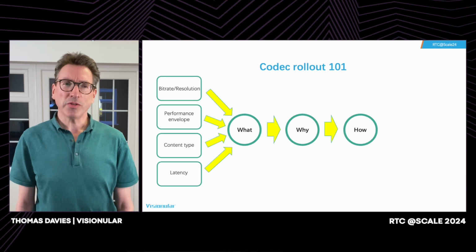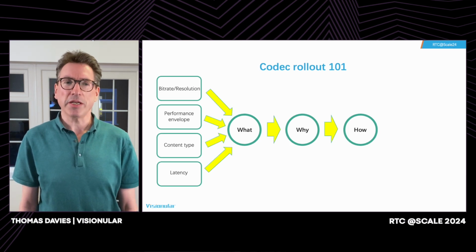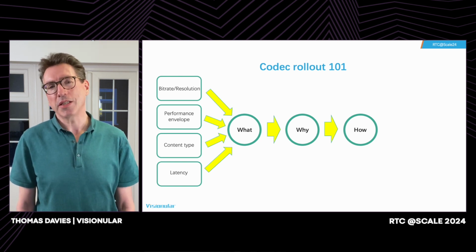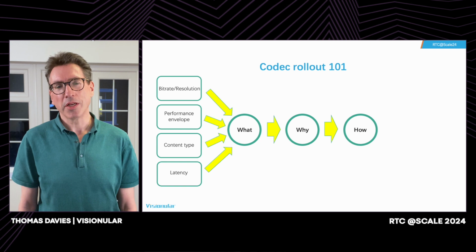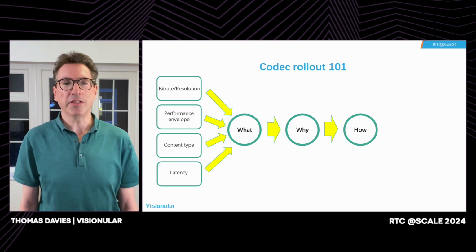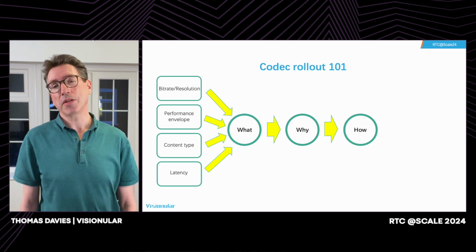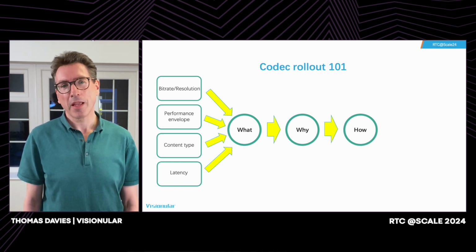It also means what content type you're targeting, whether that's standard conferencing or live streaming or screen content, and what latencies you need to support. So that might be standard zero latency, or you might be able to have slightly higher latencies, maybe a quarter of a second or so, for some streaming applications.